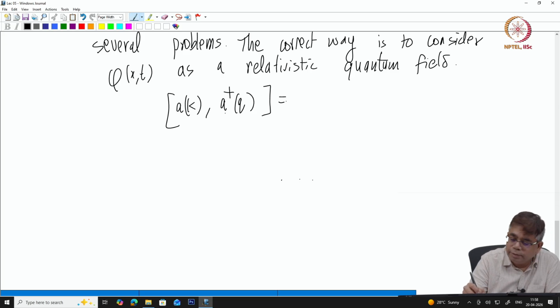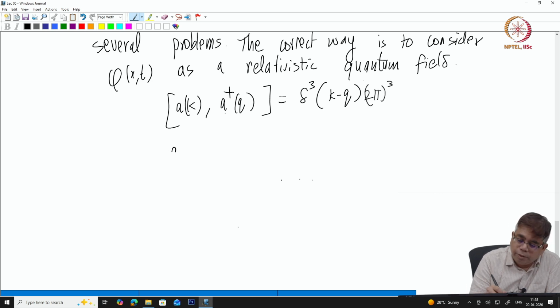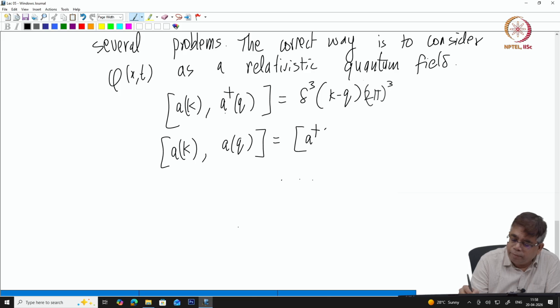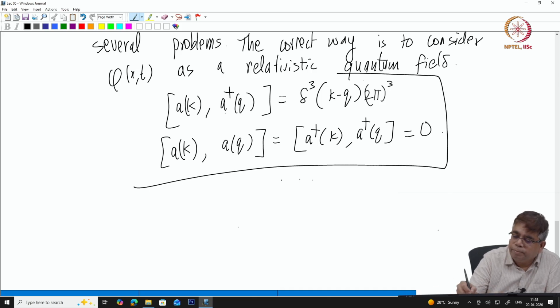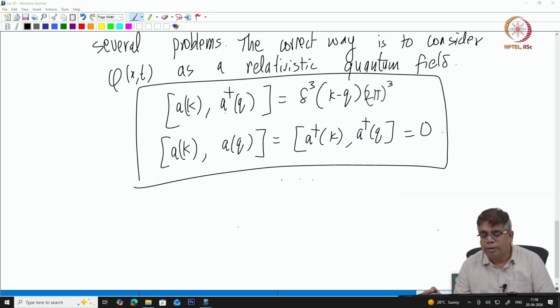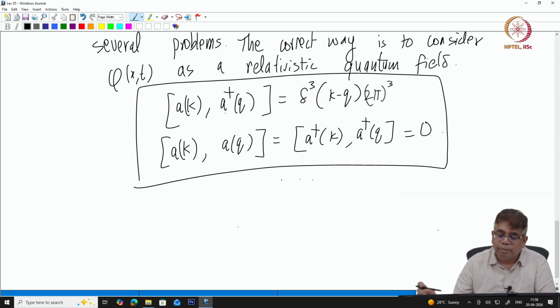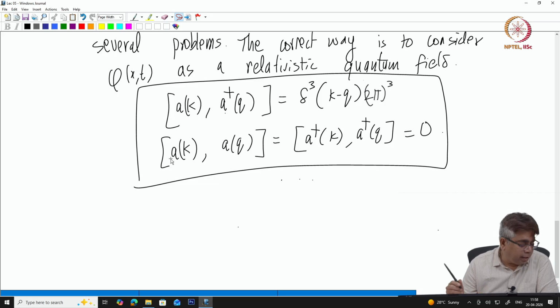The commutation relation is [A of k, A dagger of q] equals delta cubed of k minus q, and [A of k, A of q] equals [A dagger of k, A dagger of q] equals 0. These are the same commutation relations as for the harmonic oscillator, but now there is a mode. For every mode there is a separate creation operator and an annihilation operator.